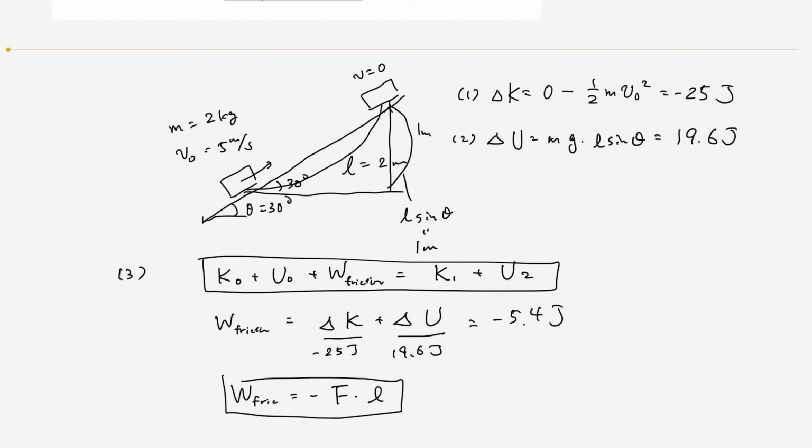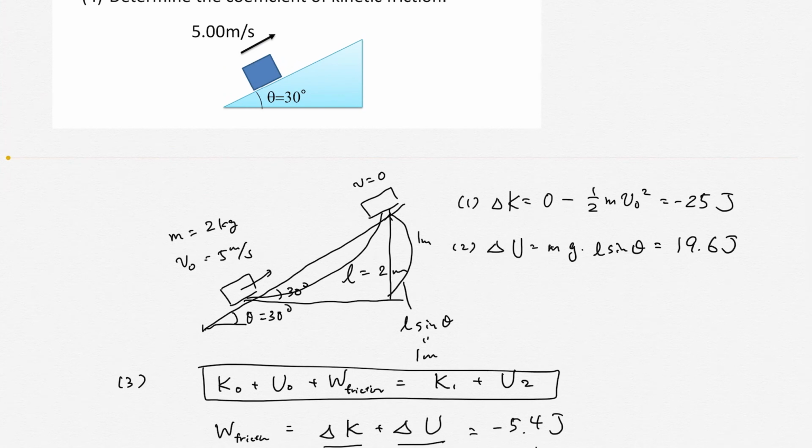So F is given by minus W friction over L. And this you can substitute here. L is 2 meters. Then it becomes 2.7 newtons. This is the frictional force. So that is the answer to the third question.